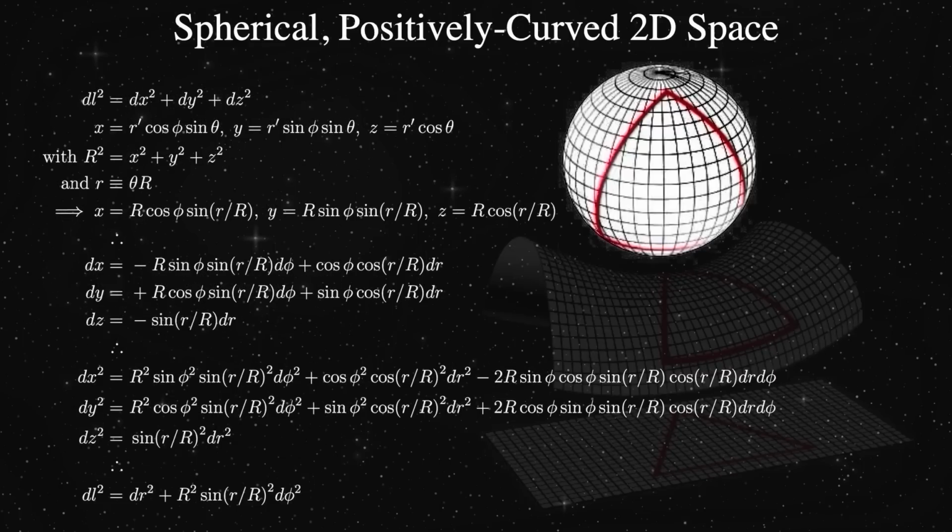Now let's derive the 2D metric that is congruent to being on the surface of a sphere. We start with a homogeneous and isotropic flat 3D Cartesian coordinate metric to define our embedding space. Next, I list out the x, y, and z coordinates in terms of their 3D spherical coordinates. I use r tick as the radius from the arbitrary origin in the 3D embedding space.